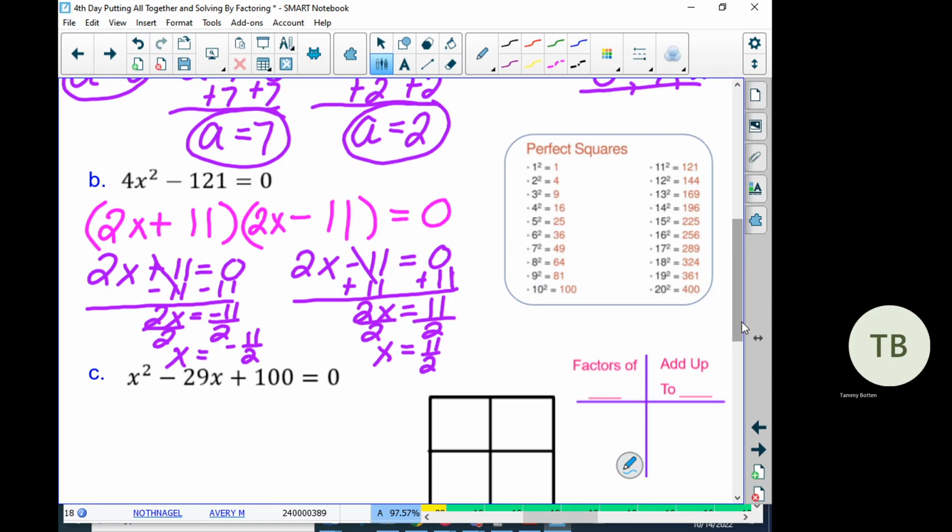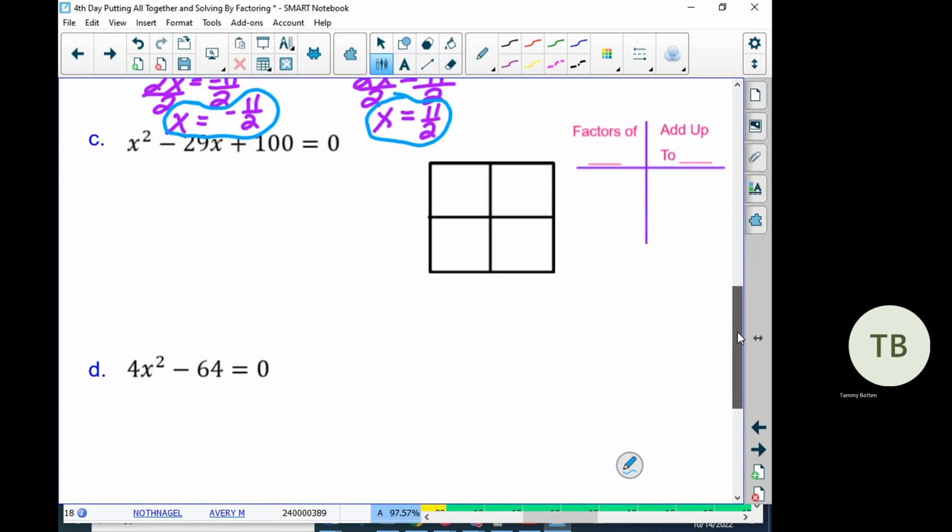That would be your answer. If you can reduce that fraction, you have to do that. Okay, so on this one, you take the opposite of this and divide it by that, which is 11 over 2. Again, if you can reduce the fraction, you do have to do that.